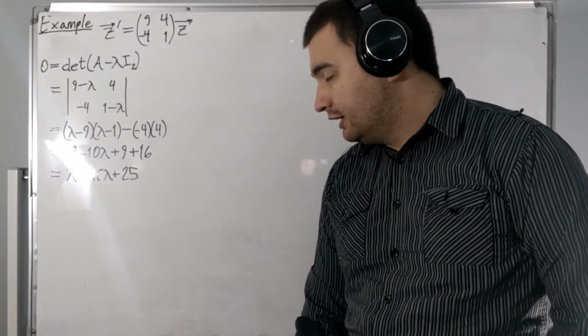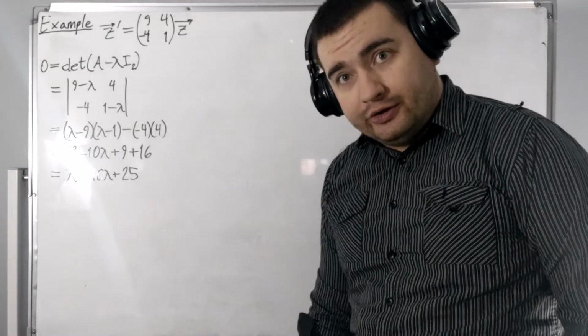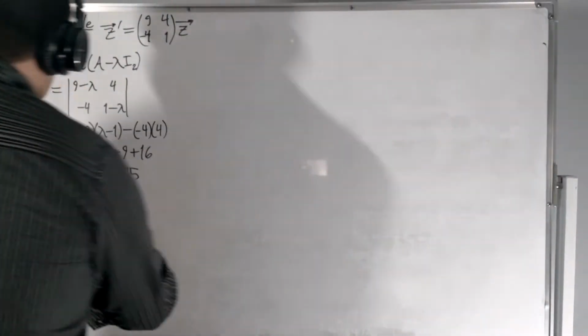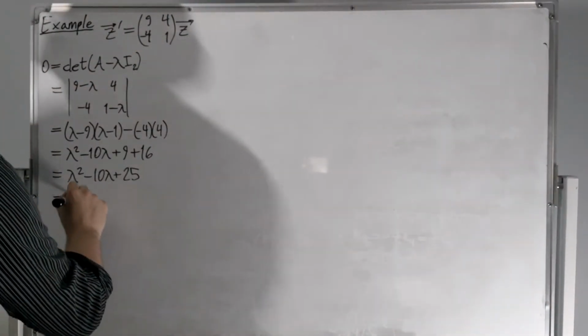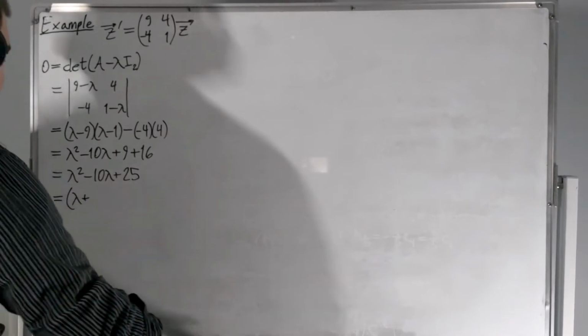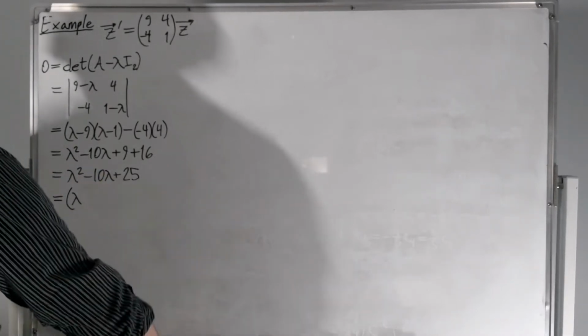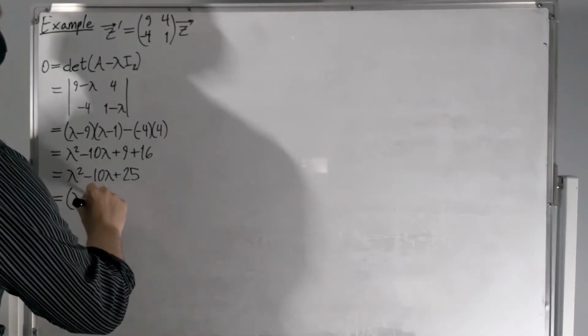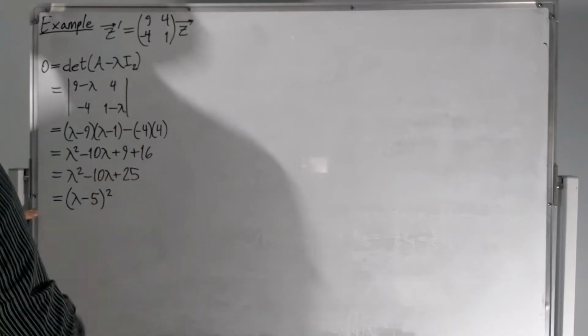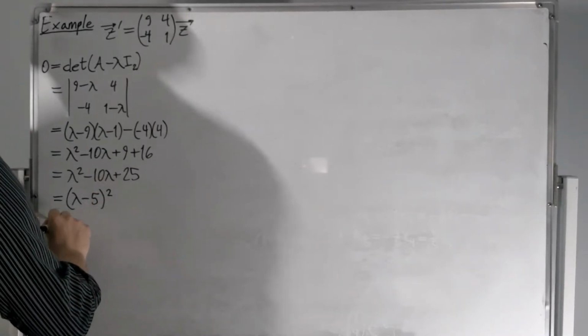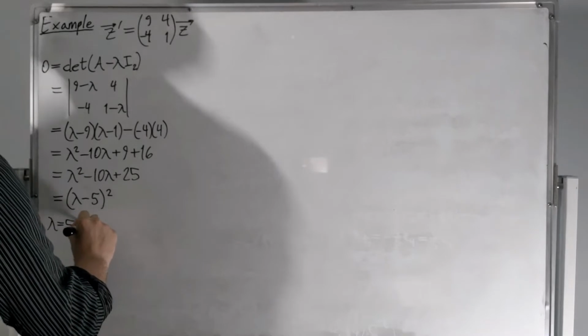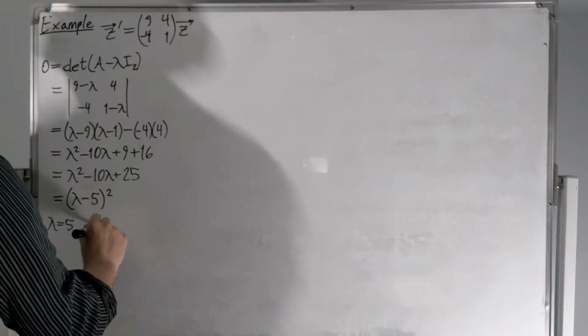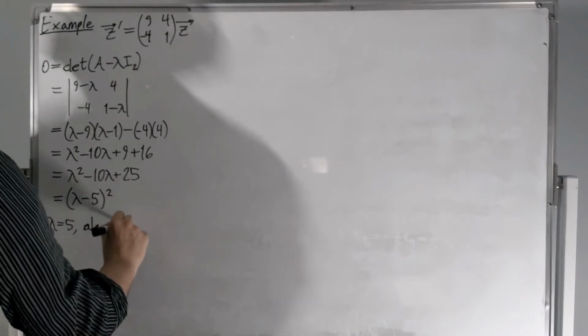Okay. That can be factored as lambda minus 5 squared. And then we get the single eigenvalue 5 with an algebraic multiplicity of 2.